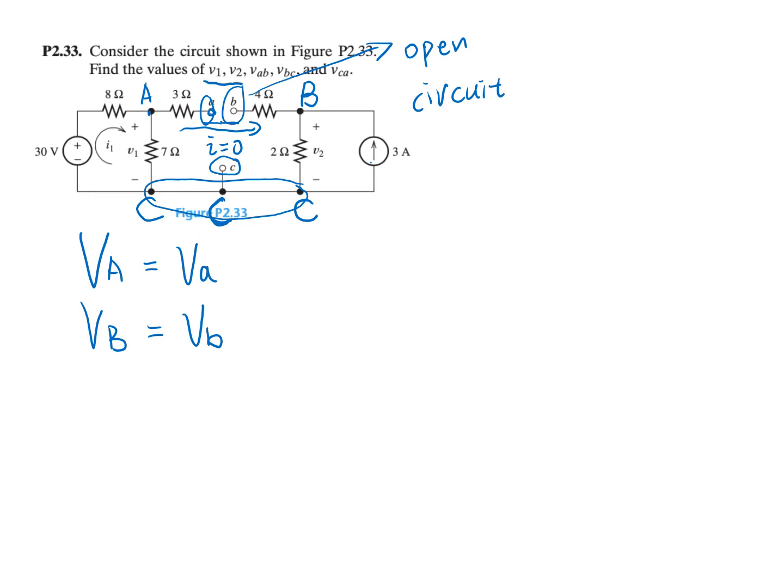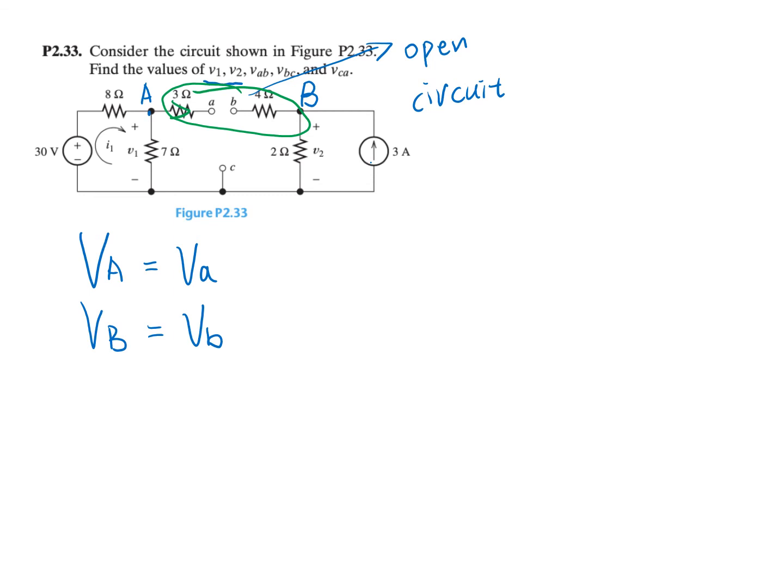First, we are asked to find out what V1 and V2 are. We know that this circuit has this part open, so there is no current flow through here, and all of the current I1 will go through the voltage source, the 8 ohm resistor and the 7 ohm resistor.